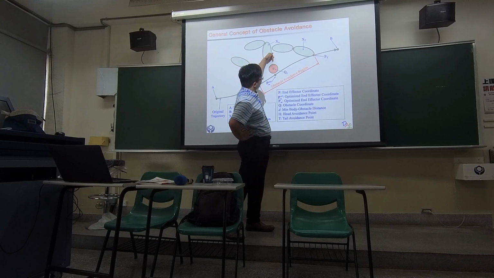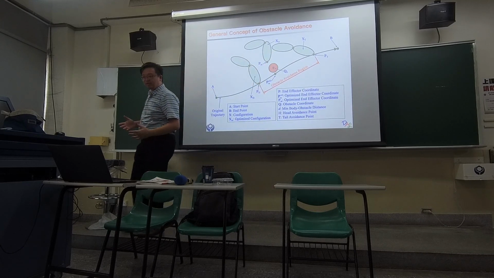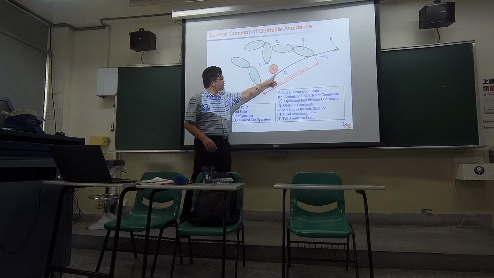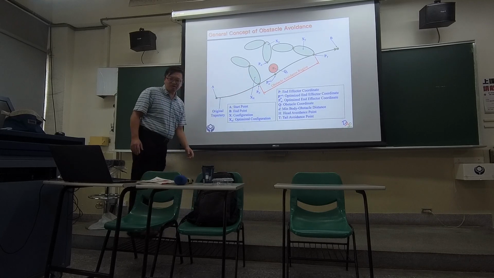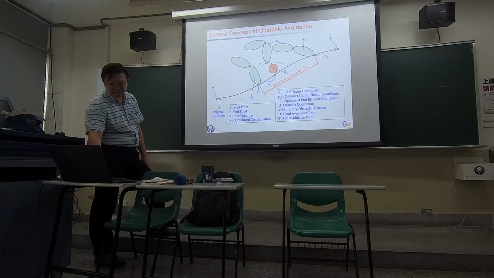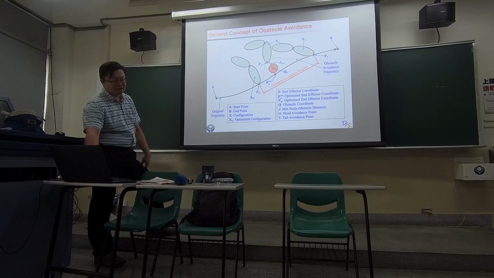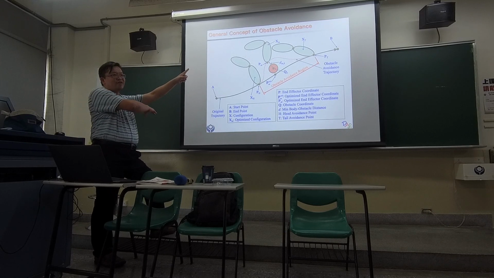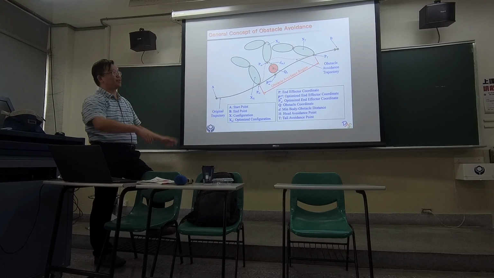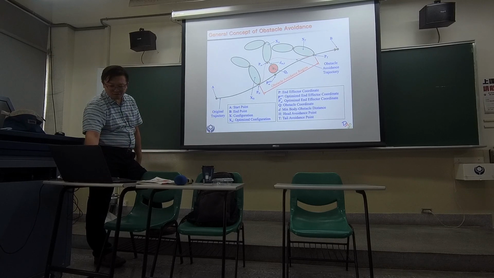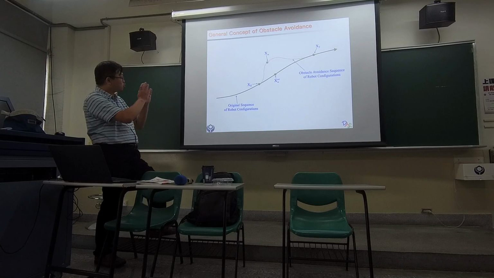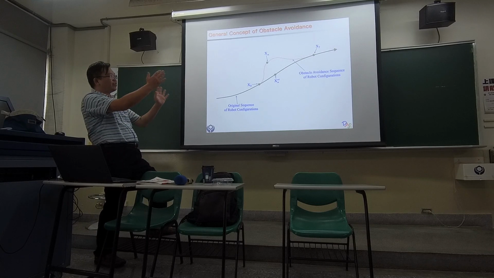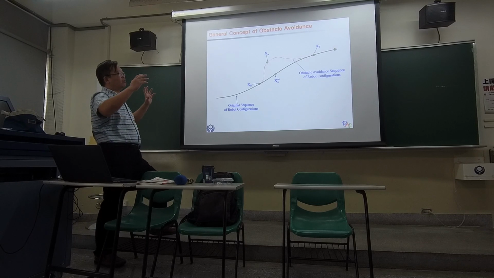Then you can just connect them. So that was the idea. We focus on one configuration and find a safer one to replace it. Okay? So that's the goal. If you can find one, then you can find a lot of them, just connect them later on. So from now on, we are going to focus on just one configuration within this obstacle avoidance region.